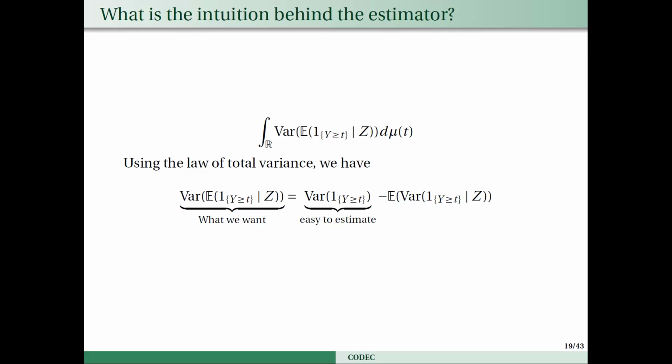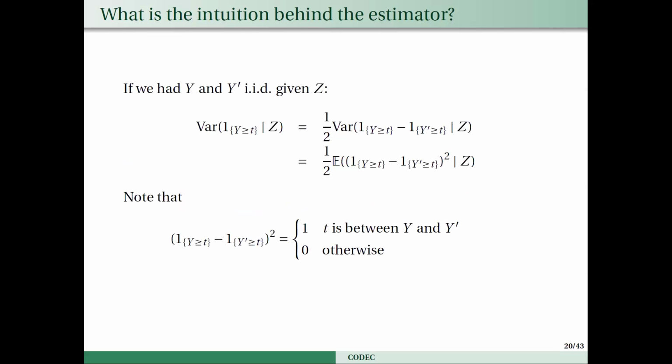The variance of the level set, we said, is easy. So now I focus on estimating the expectation of this conditional variance. The hardness is clear: I don't have access to this conditional density. If I had it, the problem would already be solved. But we don't have it.